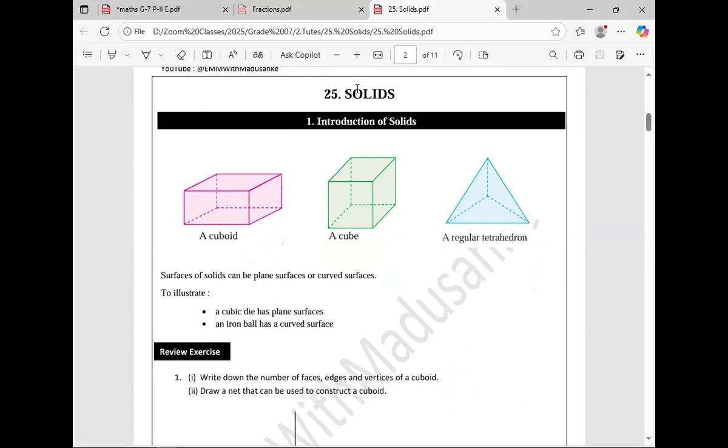This is the 25th lesson of your syllabus, where you get small steps to the lesson on the area of a solid. It comes under the grade 8 syllabus, and before doing that, you have to complete your basic level.